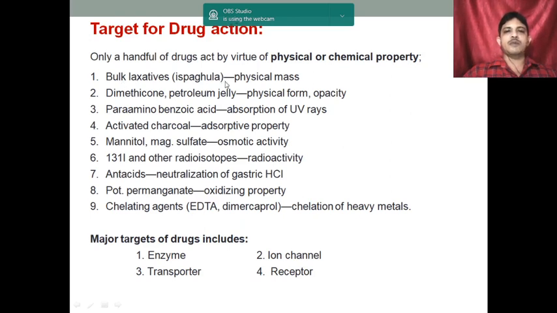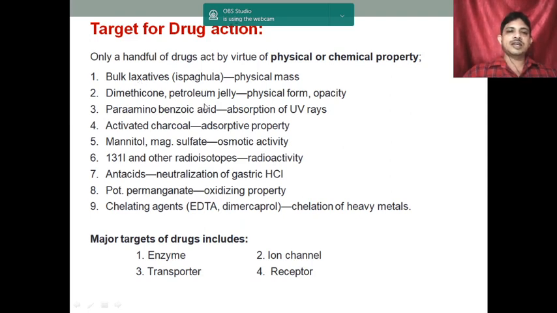This is a property of physical mass: it absorbs water and becomes bulky in nature. That is its physical property, with no chemical interaction or attachment to a receptor. It is due to the physical mass.